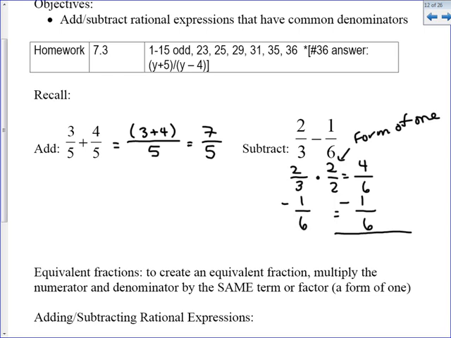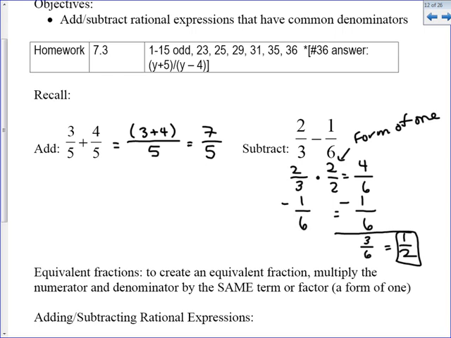So I now have 4/6 minus 1/6. So what's my answer? I get 3/6, and then from there I have to simplify. Simplifying goes back to what we just finished in 7.1, where at the end of one of these problems, you're going to have to factor and cancel.